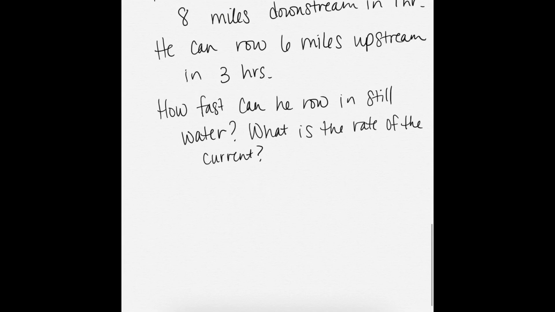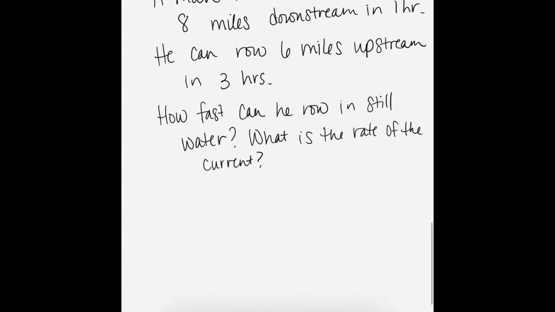All right, so in the very first one, we noticed that he can row 8 miles downstream. So we're going to create an equation here. It's really not as hard as you might think.